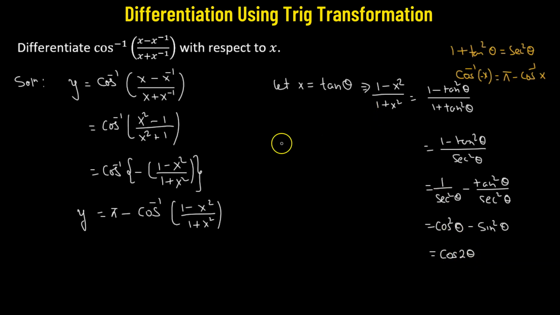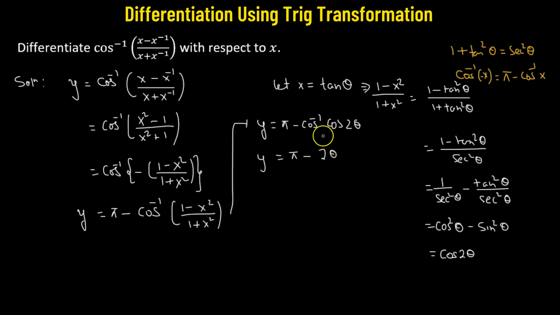So we can rewrite our expression for y as pi minus cosine inverse of cosine of 2 theta, in place of (1 minus x squared) over (1 plus x squared). Now cosine inverse of cosine of 2 theta gives 2 theta, which gives us y equals pi minus 2 theta.